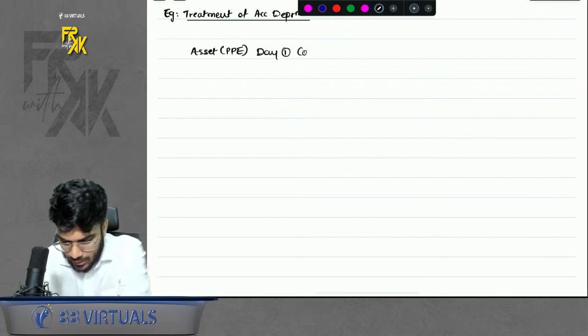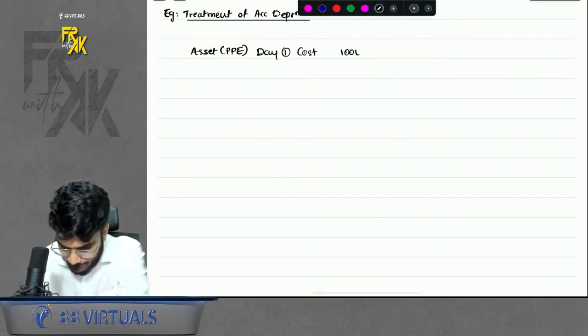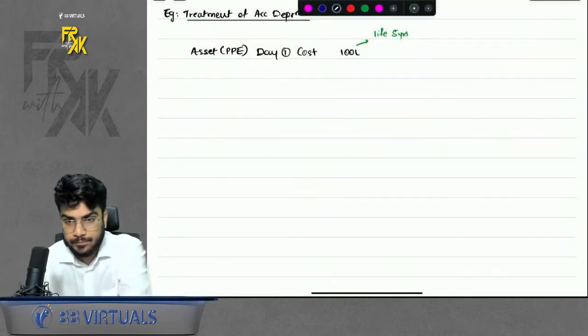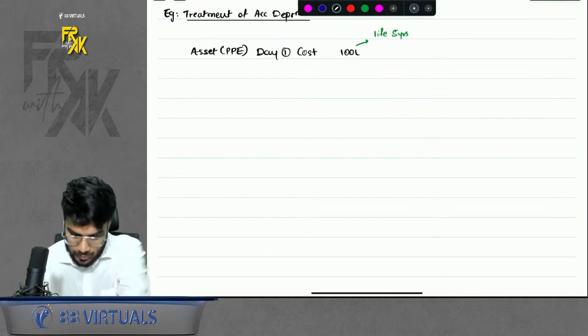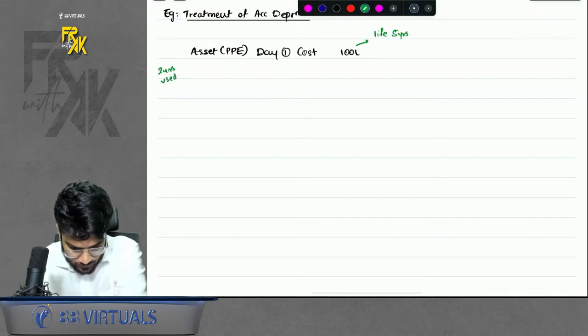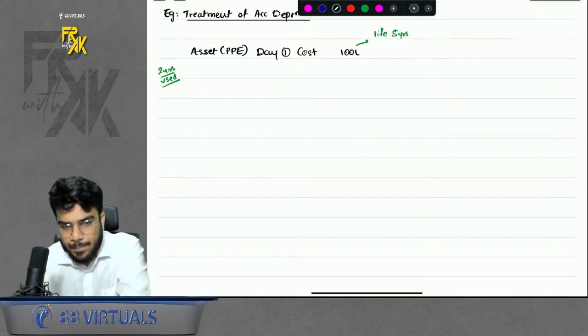which had a cost on day one of 100 lakhs. Let's assume the life to be 5 years. Now, let's say we used the asset for 2 years. So we will charge depreciation for 2 years.